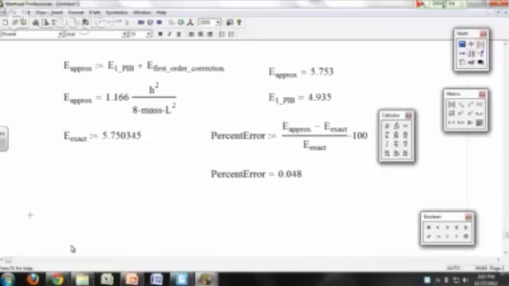So what if we were to just take the particle in a box, the zero order wave function, as our trial function? Let's see what kind of energy we are going to get. Okay, so what's the formula for the particle in a box? Let's call our trial function phi, so we don't confuse it with the true psi.